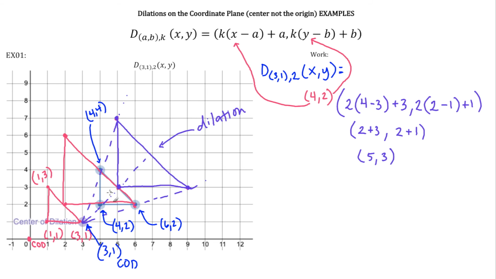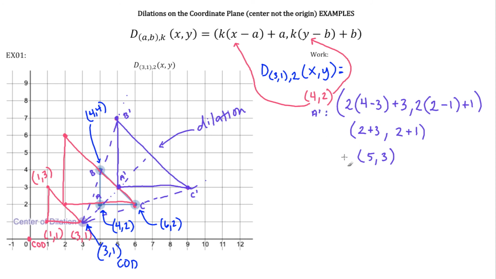And you know what? Let's label this. So this will be A, and this will be A prime. This will be B, and this will be B prime. And this will be C, and this will be C prime. So we did A prime.